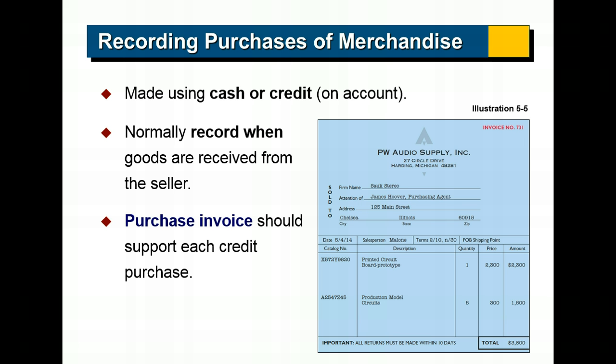Guys, the real answer is when title passes. We could have items that are in our warehouse that aren't ours. They could be on consignment. We could have products that we don't necessarily have in our inventory, but because title passed when the seller put them on the FedEx van, we received them. We have title to them. So normally we record when goods are received from the seller, but we're going to talk about what that means, okay?